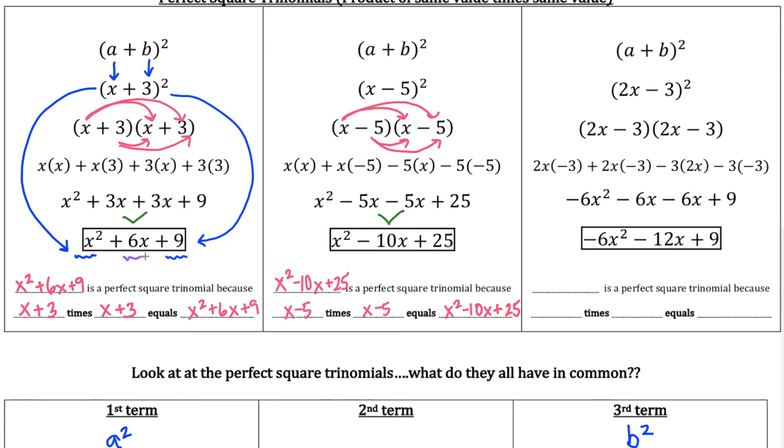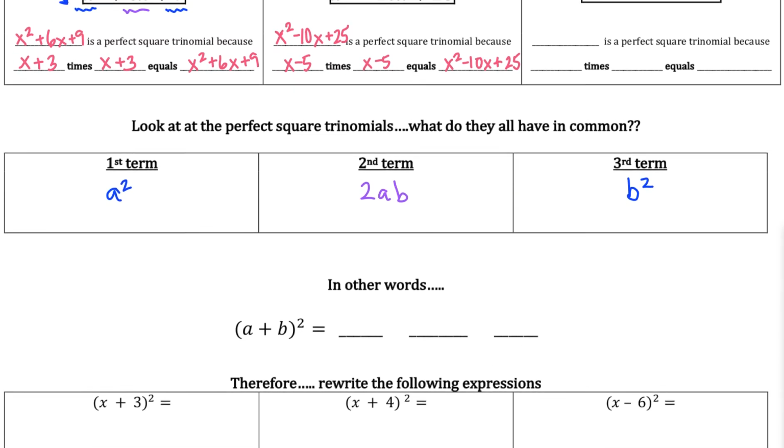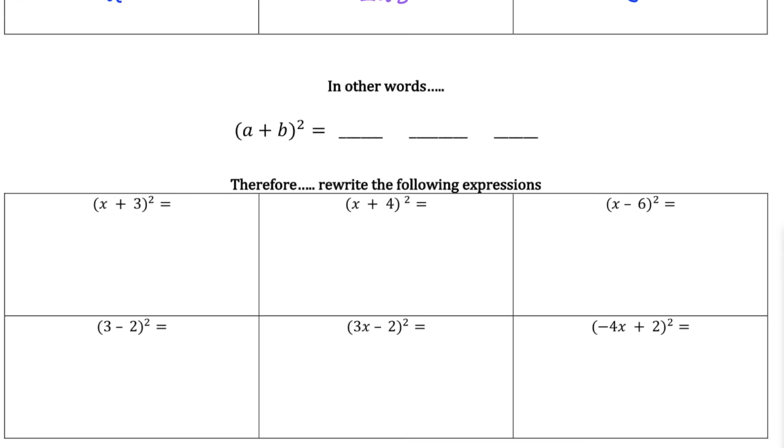So the middle term, purple, is 2ab, just like we did in the previous lesson. So a plus b squared can be rewritten as a squared plus 2ab plus b squared. My bad, I was thinking the Pythagorean theorem over there. All right, a squared plus 2ab plus b squared.